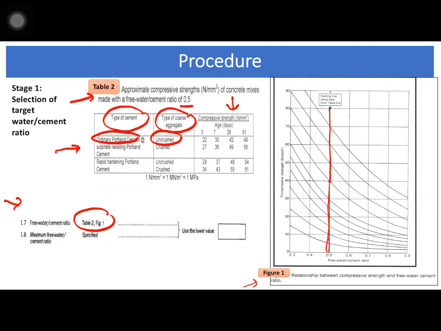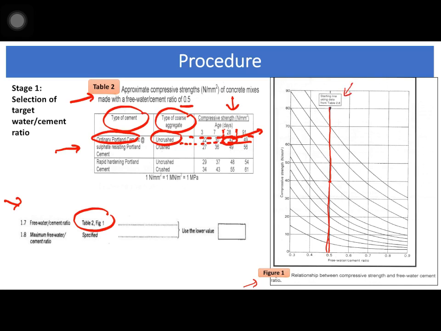For the 28 days, when you map here, you can get 42. So here, you need to plot 42 goes to the 0.5, this datum line.